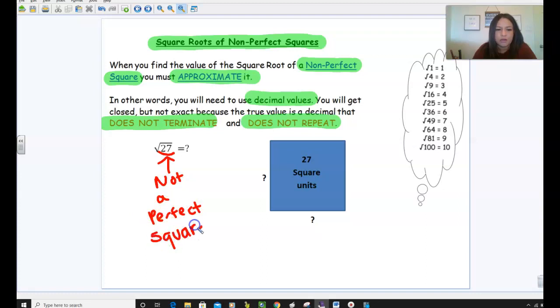If I had a square with an area of 27, I actually wouldn't be able to think of a whole number that times itself will give me 27. I'm going to have to approximate it. I'll get close, but I won't get exact. A good way of telling about how much it would be is if I look at my list right here, I have the square root of 25 there, and I have the square root of 36 there.